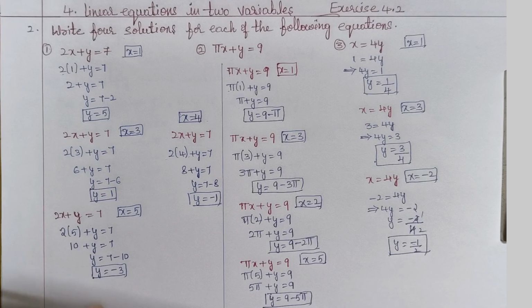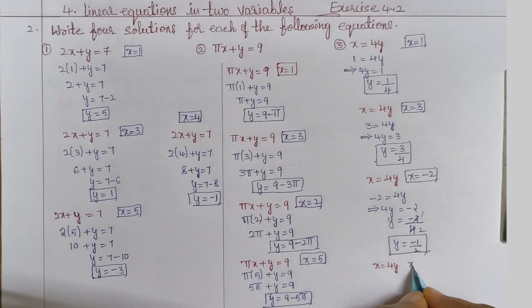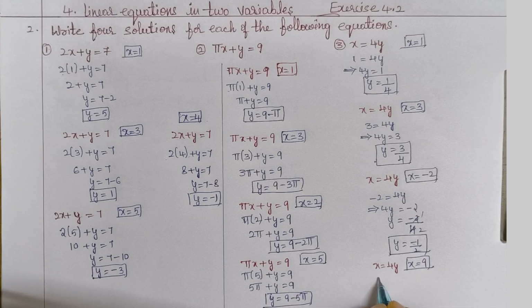3 finished. Okay, one more we will try. See, one more. X is equal to 4y. See here, x value I am taking 9. See, 9 is equal to 4y.